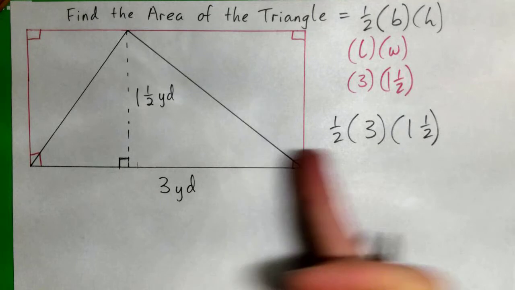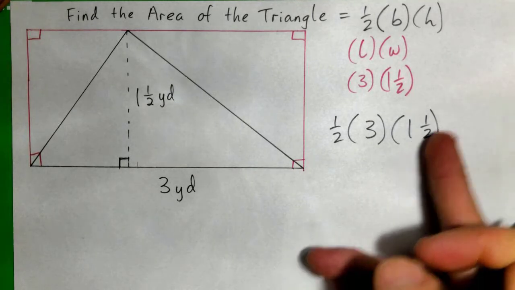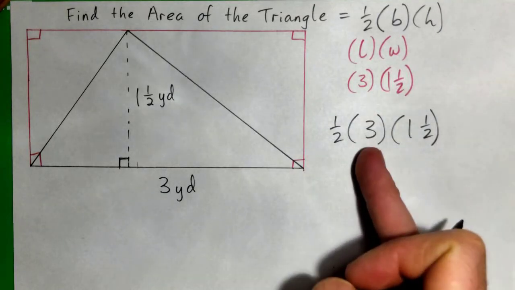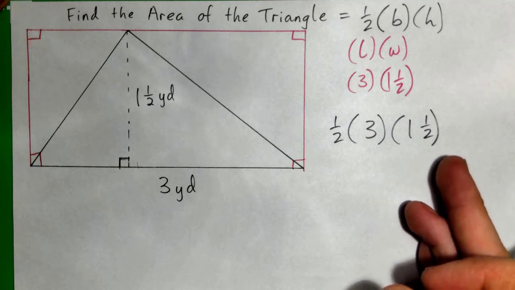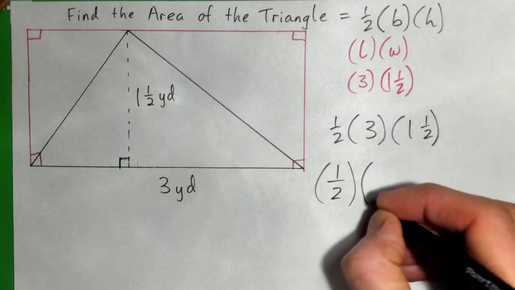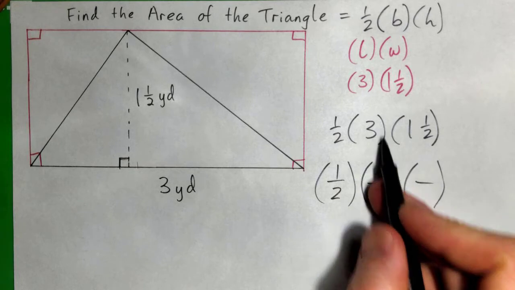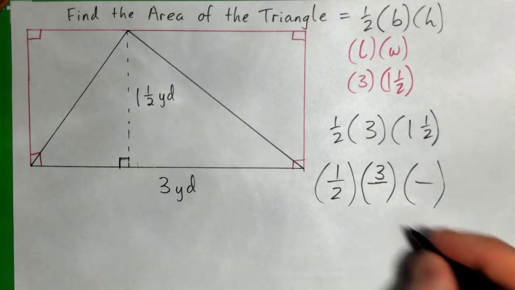Now we've got some fractions to multiply. This is a mixed number. What should I do to that so that I can then multiply fractions? And also, what would I do with the 3 so that I can multiply across? I want to write everything as a fraction. So how do I convert the number 3 into a fraction? It's 3 over 1. Good.